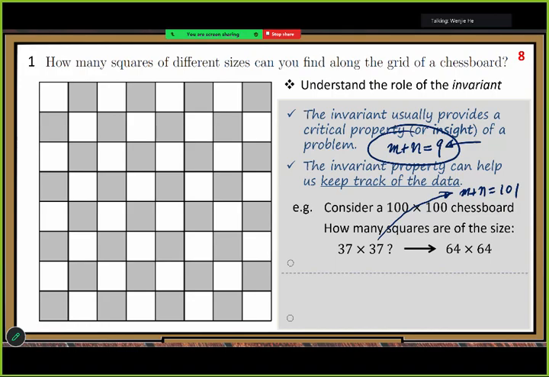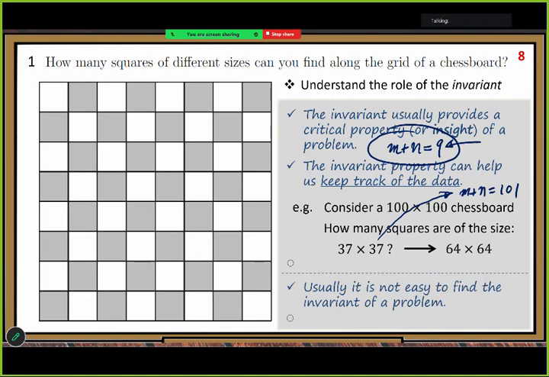But with this invariant concept, we can keep track of the data easily, right? m plus n equals 101. That's the way we keep track of the data. Think about that concept. All right, next.